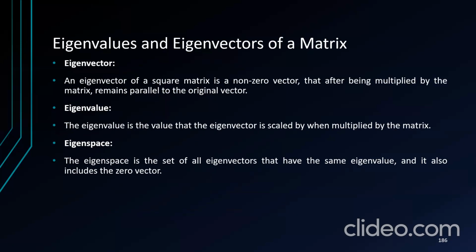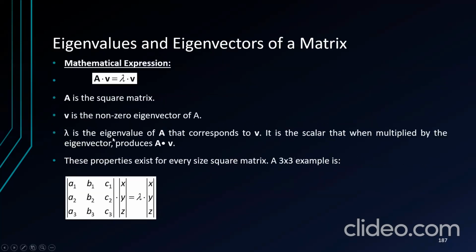The eigenspace is the set of all eigenvectors that have the same eigenvalue, and it also includes the zero vector. Mathematical expression: A times B is equal to lambda times B. A is the square matrix.